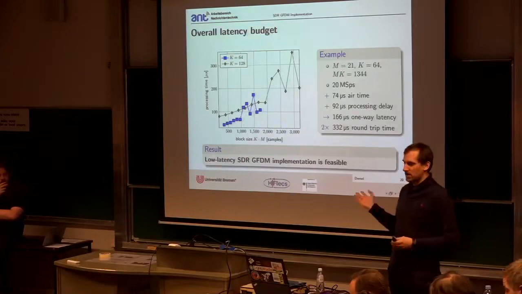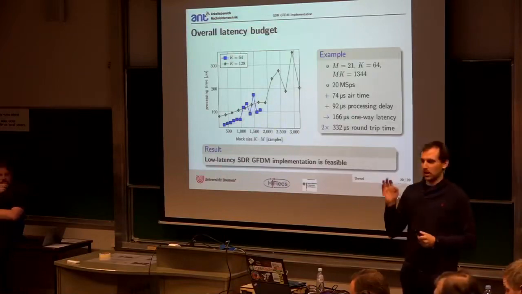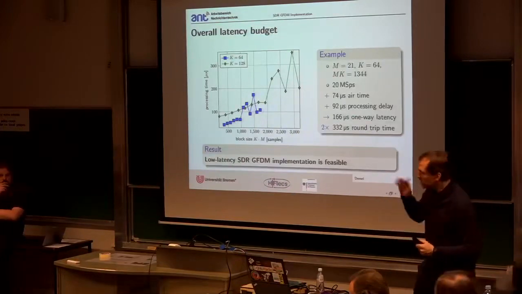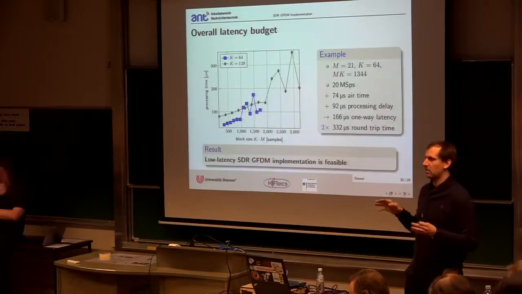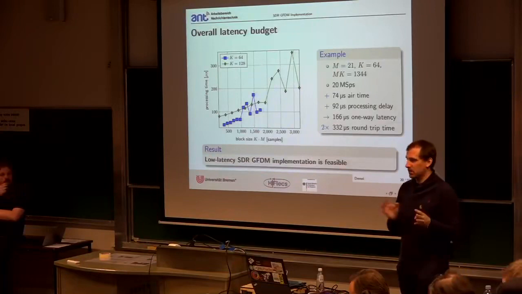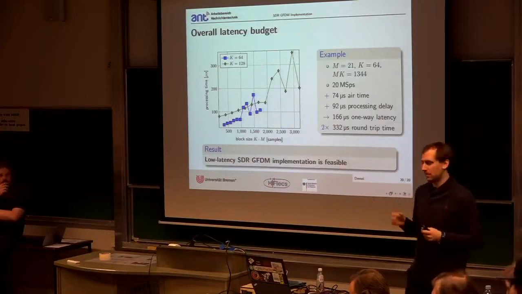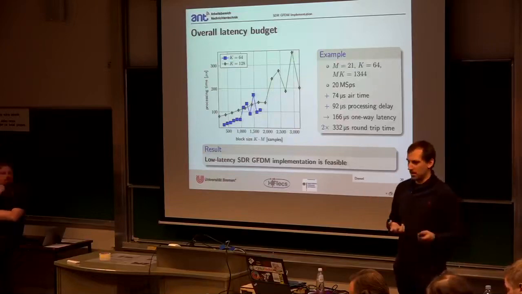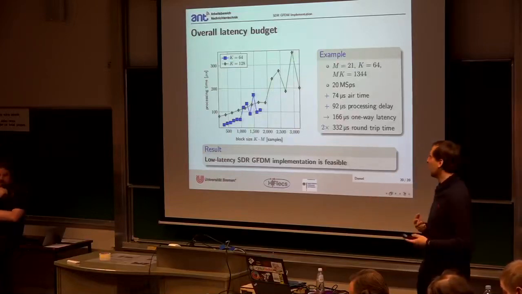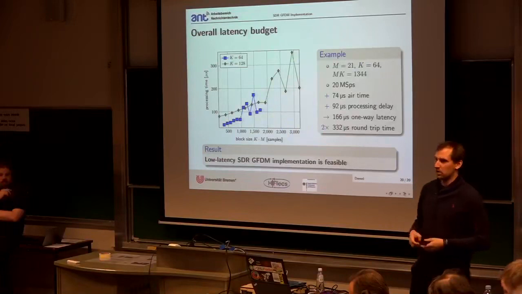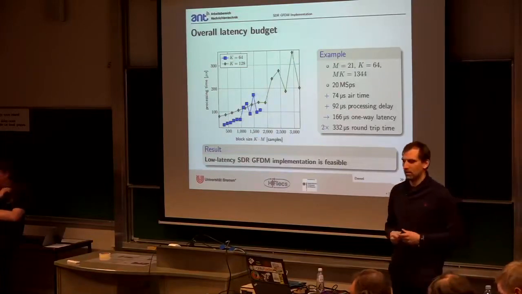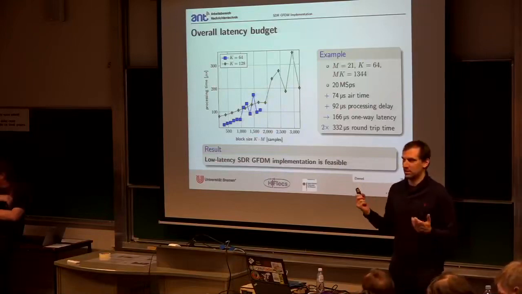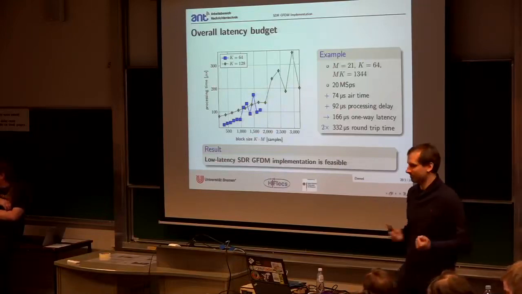In this work, we only looked at latency, but if you think back to how I talked about imperfections of our channel, for example, if we have offsets that we might not be able to compensate for, then GFDM would also show quite favorable figures in terms of reliability.